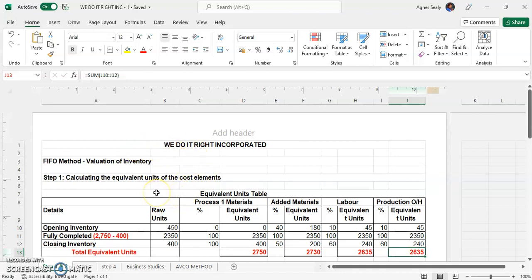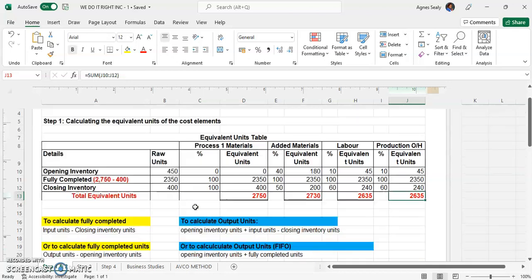In our previous video, we looked at preparing our equivalent units table for the cost and calculating equivalent units for all the cost elements relating to this question. And we came up with our total equivalent units for process 1 material, added material, labor, and production overhead.